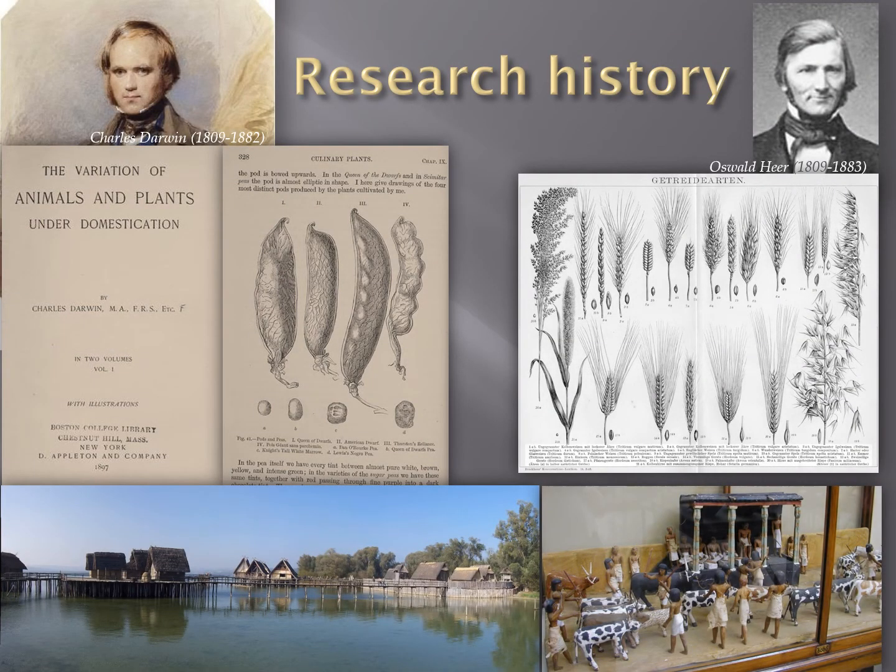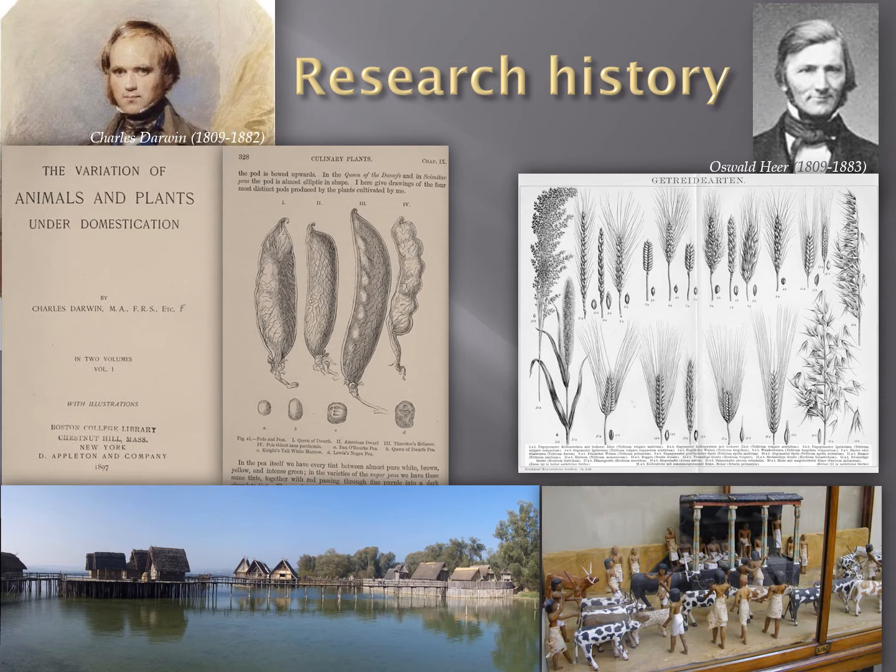The major impetus for the beginning of archaeobotanical research were the works by Charles Darwin, and in particular his book published in 1868, The Variation of Animals and Plants under Domestication. During this time, archaeological discoveries revealed excellent preservation of plant remains in Egypt, but also in Central Europe at the lakeside settlements.